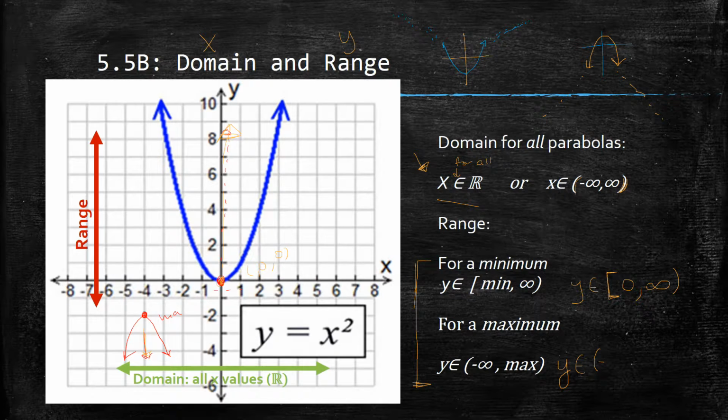So you're going to have open parentheses, negative infinity, and then whatever your maximum value is, whatever your y is. Well, here our maximum value is -2. Okay, that's our value for y.